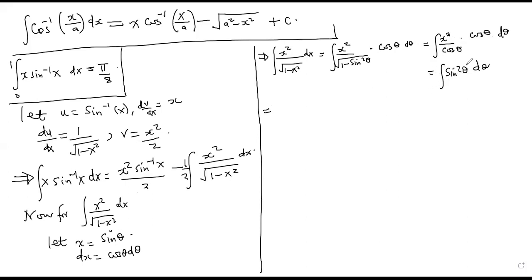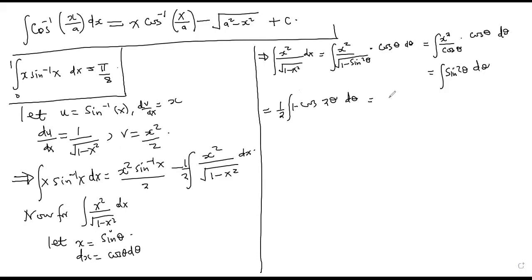You need to know how sine squared theta is expressed. We express sine squared theta in half angles or double angles as a half. So it's going to be an integral of a half, then 1 minus cos 2 theta, d theta.